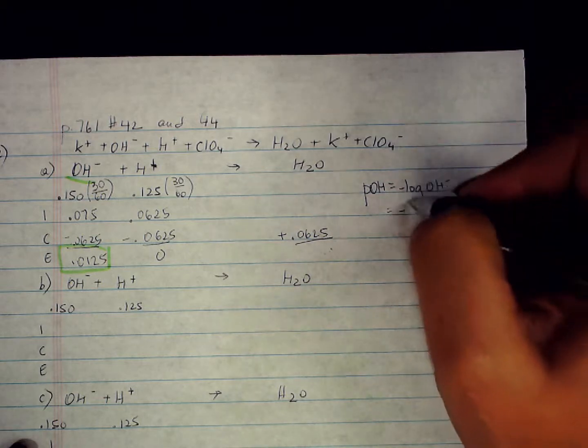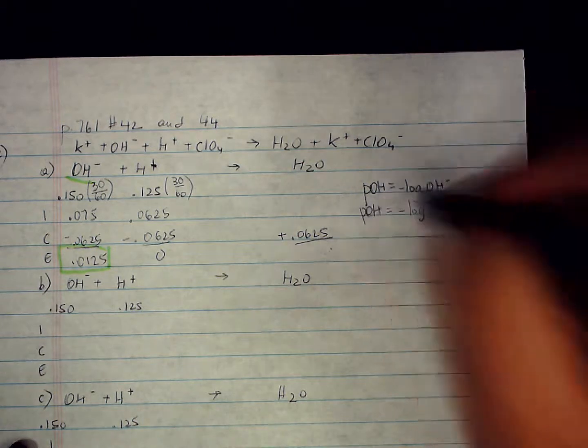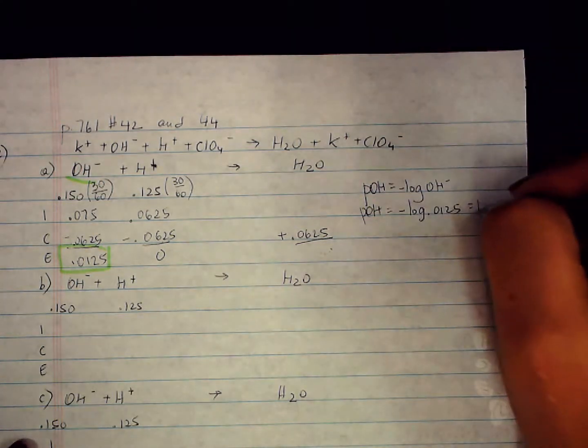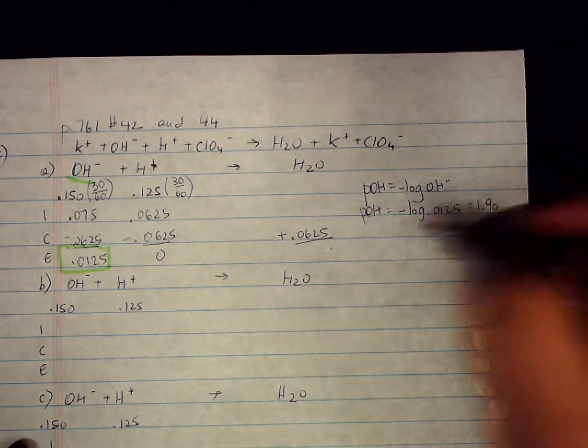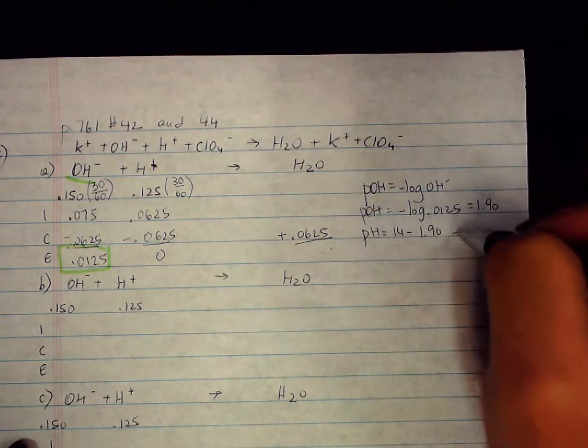So we do negative log of 0.0125 on our calculator. That gives us the pOH, which happens to be 1.90. And then to calculate the pH, we just simply subtract from 14 to get our answer.